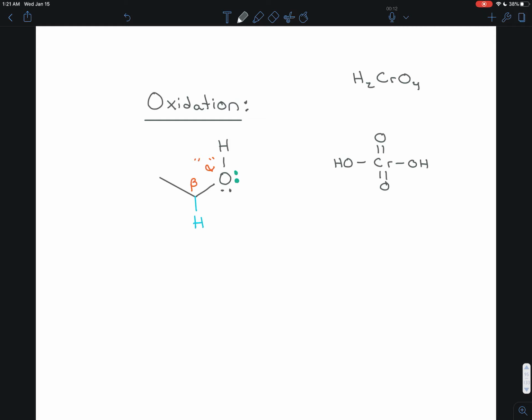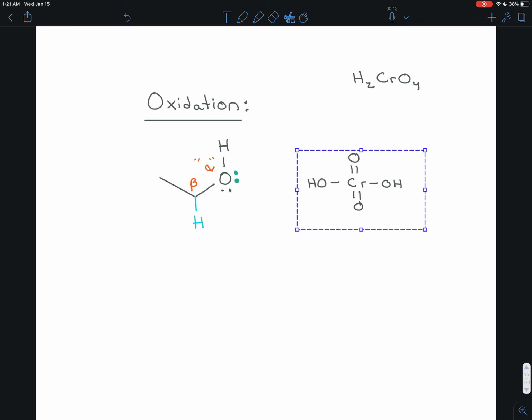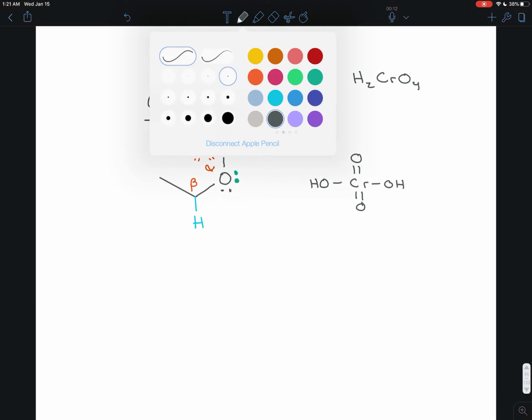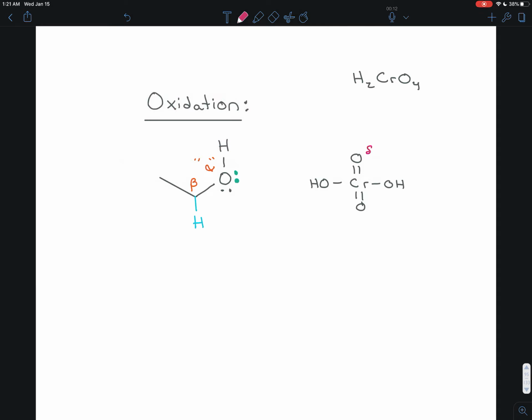Okay, so here you have these two reagents. How do they react? Well, even if you don't know, you know that opposite charges attract. You know that these oxygens here are really electronegative. They pull electron density to themselves and become slightly negative. The chromium loses that electron density, plus it's a metal, so it loses electron density easily anyway.